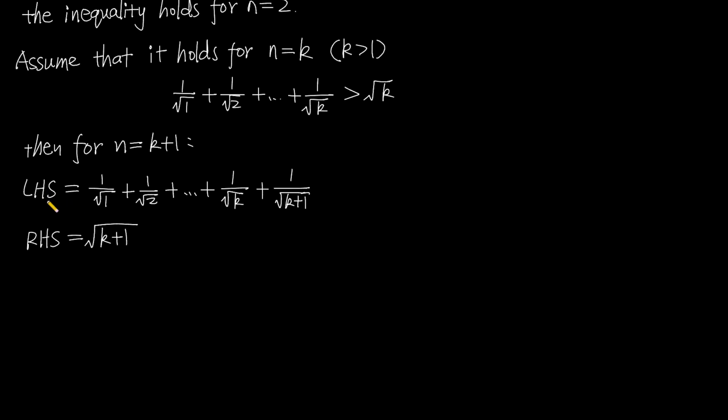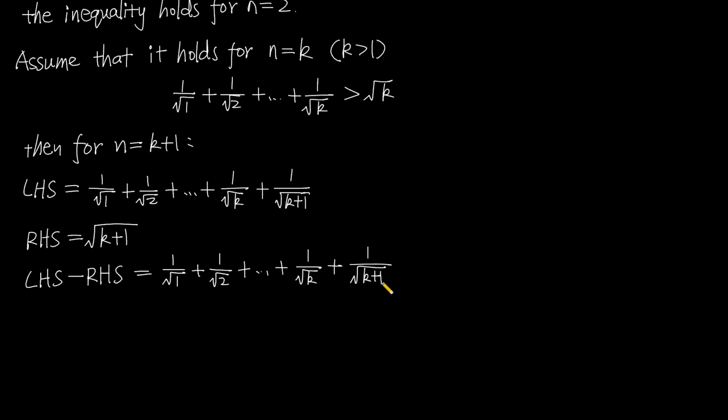Then to prove that left hand side is larger than right hand side, we can use left hand side minus right hand side. This equals 1 over square root of 1 plus 1 over square root of 2 plus 1 over square root of k plus 1 over square root of k plus 1.